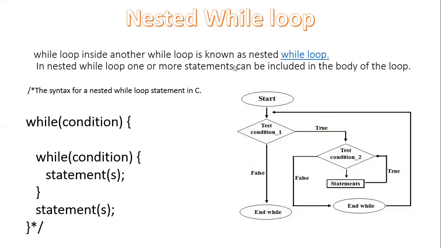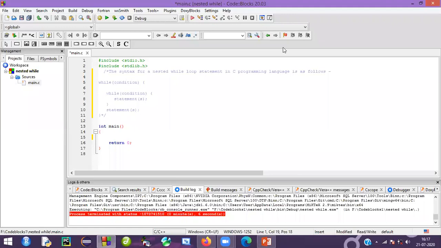We will see a real scenario by writing a program. In the syntax, you can see while condition, then again a nested while with its condition, and then a statement here.